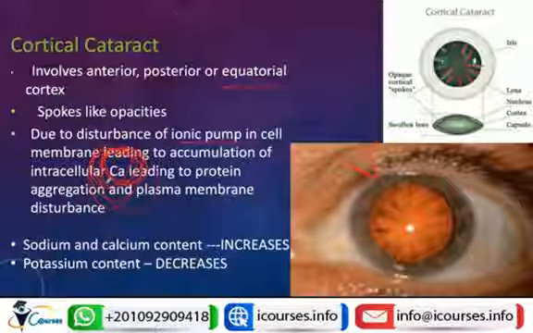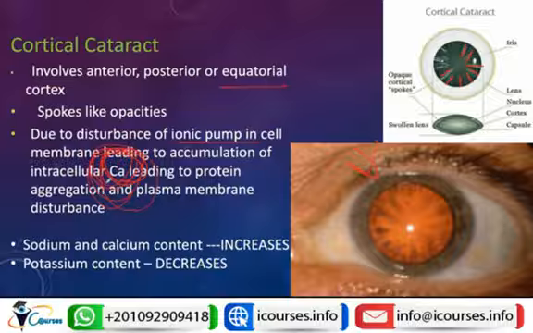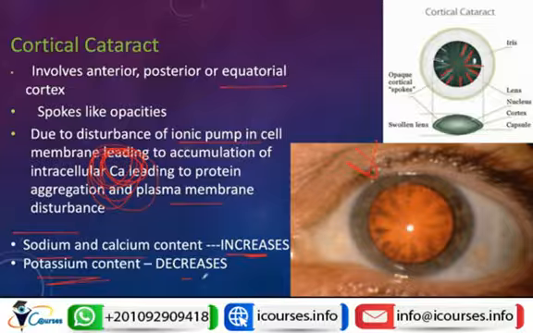Accumulation of intracellular calcium will increase cortical cataract formation, as it leads to a problem with protein aggregation and plasma membrane disturbance. So sodium and calcium content increase in cortical cataract, and the potassium content decreases, as we said before.